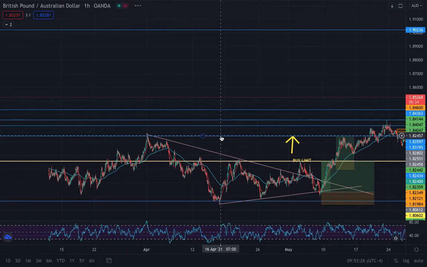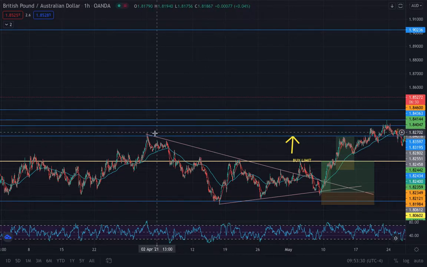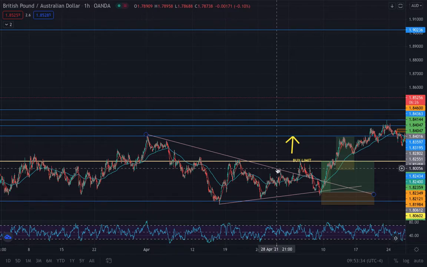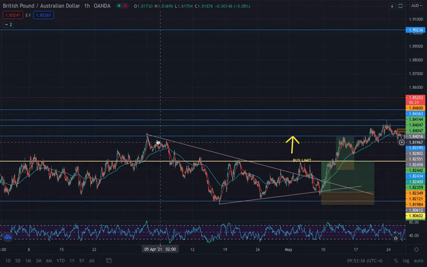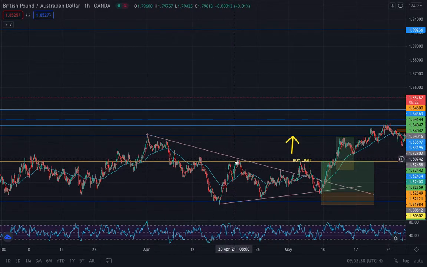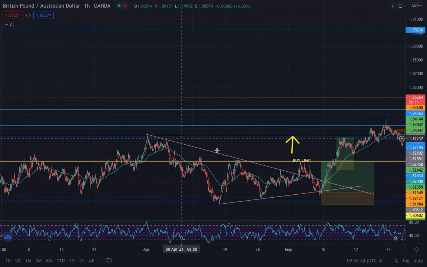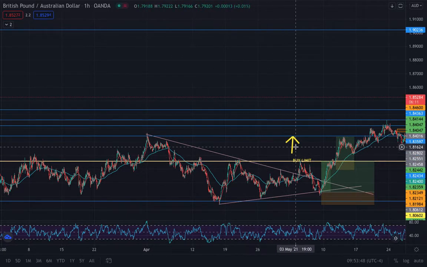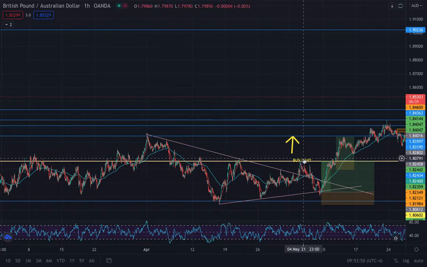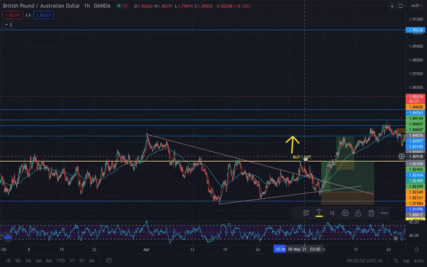But I'm going to tell you why right now. Very simple. Okay. So, I'm obviously marking this up, trying to see what sort of situation we're going to be in. I know that if it breaks out, I want to have a buy limit in place because it's going to go up.